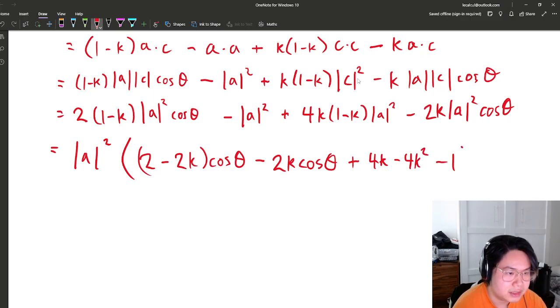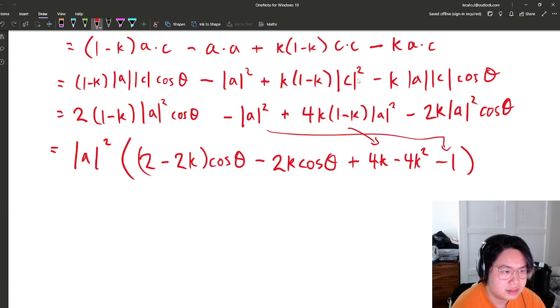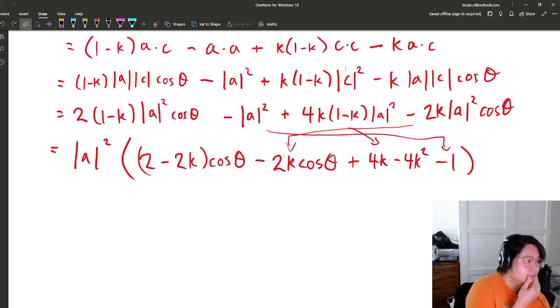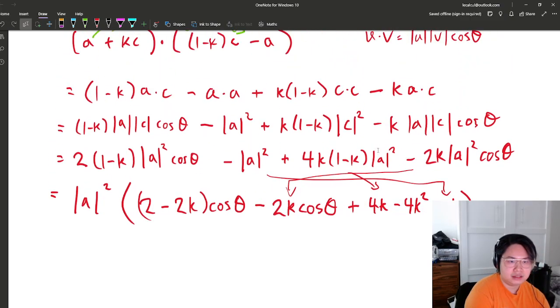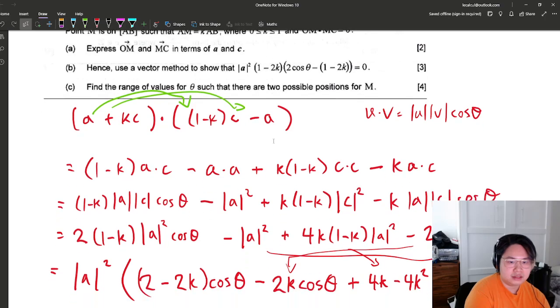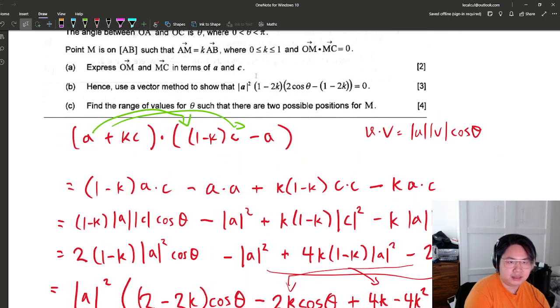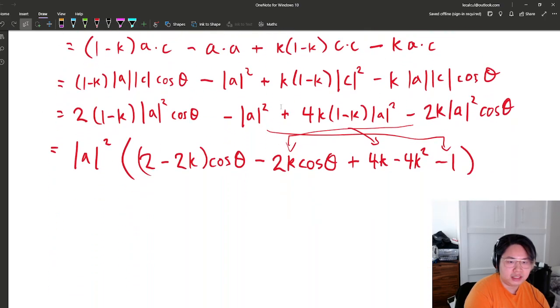And then minus 1. Okay, so that goes there. This one is there. And then that one is there. Okay, so I need to factor this. So this has a common factor of 1 minus 2k.